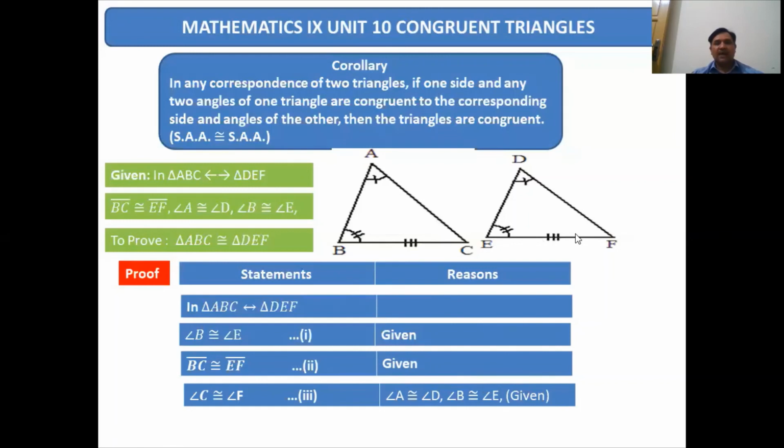So by the angle side angle postulate, angle B is congruent with angle E, side BC is congruent with side EF, and angle C is congruent with angle F. So by the angle side angle postulate, these two triangles are congruent.